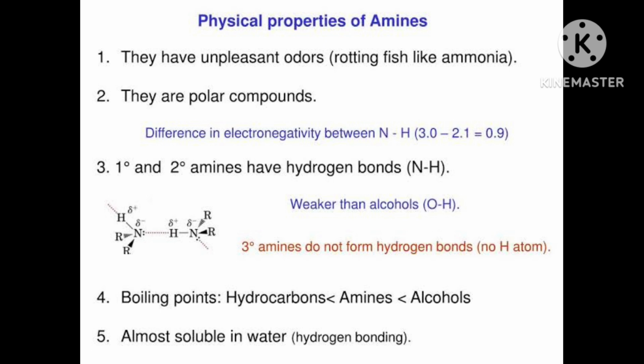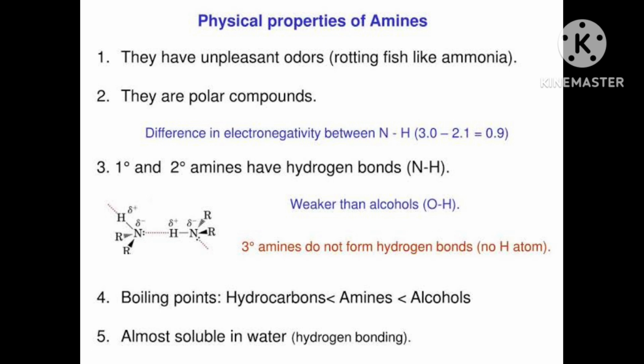Moreover, amines behave as nucleophiles due to the presence of an unshared electron pair. You should remember why amines are nucleophiles. The answer is that it is due to the presence of an unshared electron pair. Now I am going to discuss some reactions. Basic character of amines.